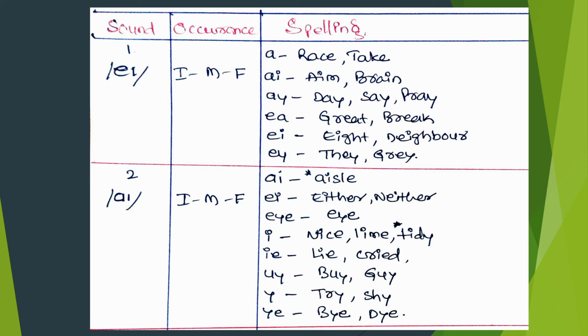Say once again. Say after me. EIGHT. Eight. In the same way, NEIGHBOUR. People used to say this one as neighbor, not nigh. It is not nigh. It is neigh.